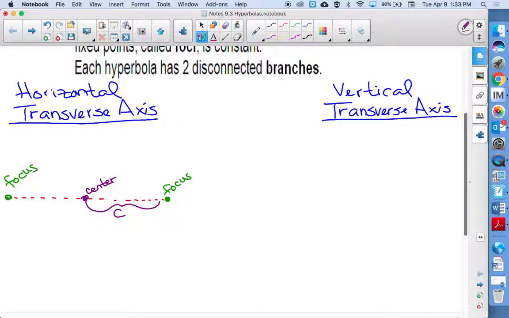And the vertices are closer to the center than the foci. Yes, each vertex is actually closer to the center than the focus is. So it's going to be somewhere in between, in that distance from the center to the focus. Your vertex would be in that location, so we'll just put it here.